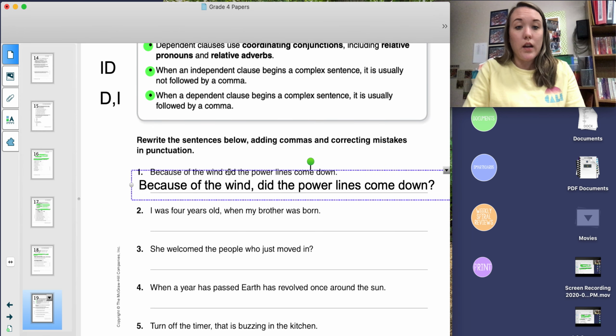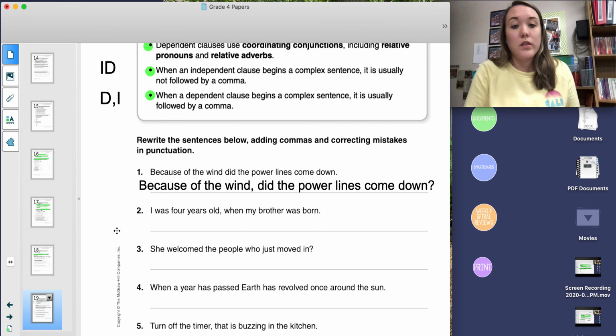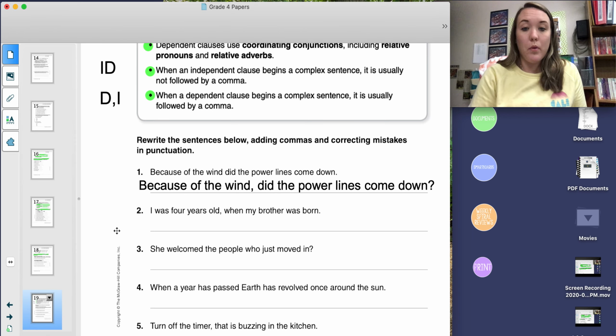Let's also take a look at number 2. I was 4 years old when my brother was born. I notice that my sentence does not start with a subordinating conjunction. It starts with a subject, I, and the clause I was 4 years old is an independent clause.